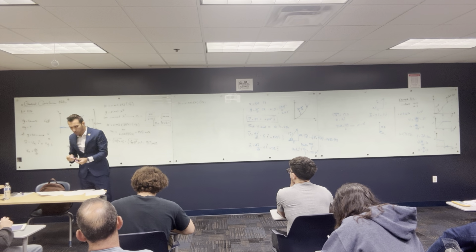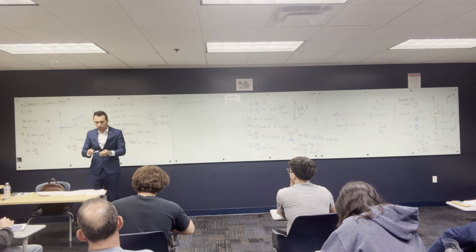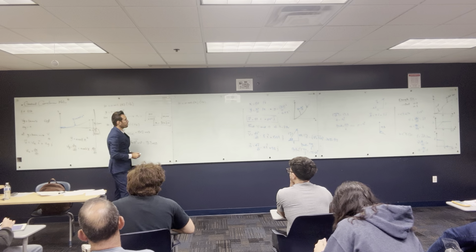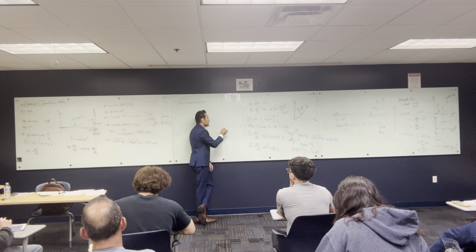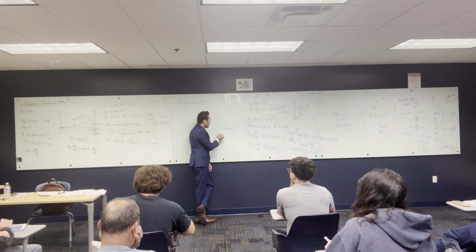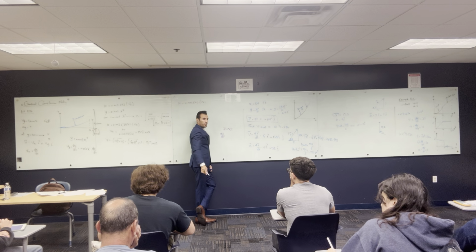Do you guys remember how to do derivatives of a function of two variables? Let's say I'm going to do it here very quick. Let's say that you have z equal to xy, and you want to find dz/dt. How can we differentiate it?